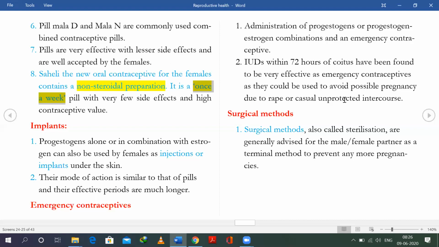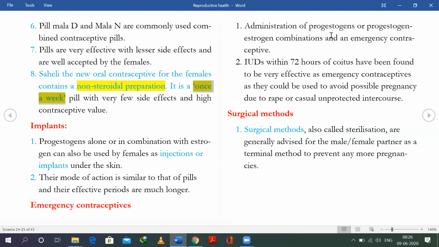IUDs can be implanted, and IUDs, as we have seen, work in their way of preventing the pregnancy. Within 72 hours, you can also administer the progestogens as well as estrogen and progesterone combinations.